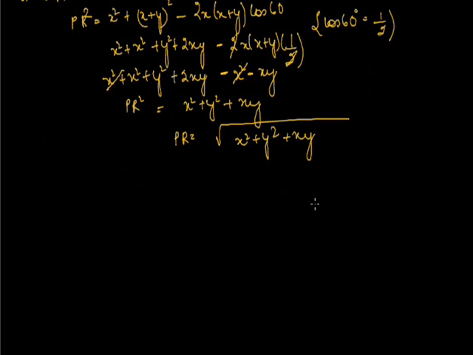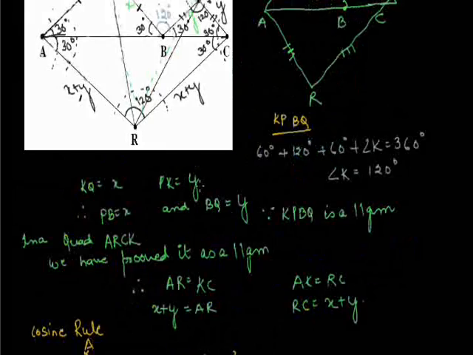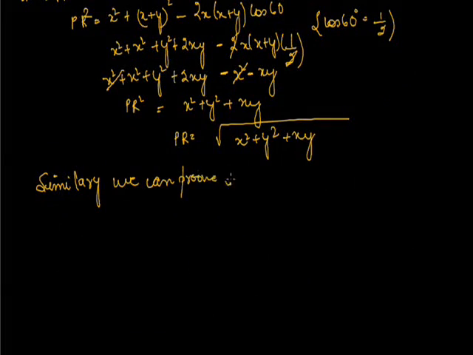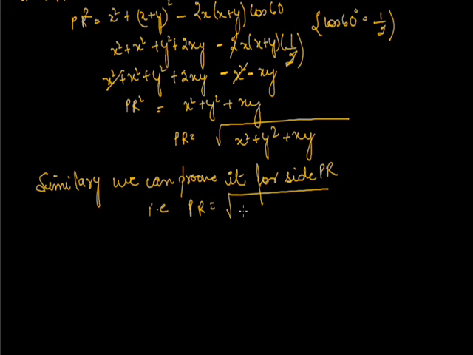Similarly, we can find the side QR. That is, QR will be equal to under root of x square plus y square plus xy.